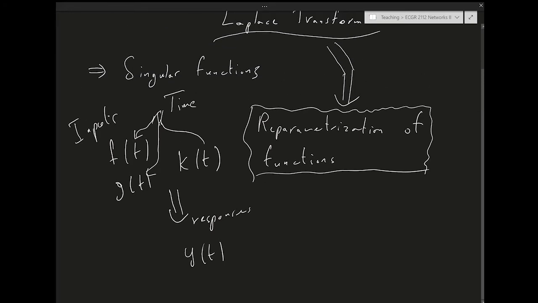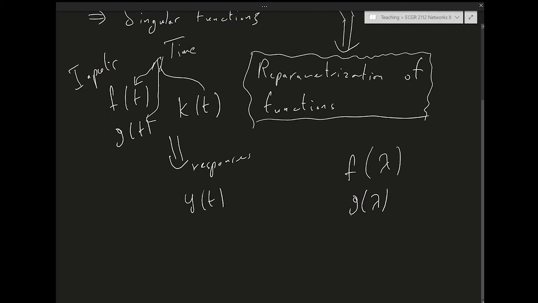The Laplace transform is a method of reparametrizing the function so that the function depends on some other parameter, f of lambda, that is not time, that's something else, like g of lambda, let's say, or h of s. That's all reparameterization means. Now this alternate parameter could be something like frequency, for example, but it doesn't have to be frequency. It's just an alternate parameter that's different from time.